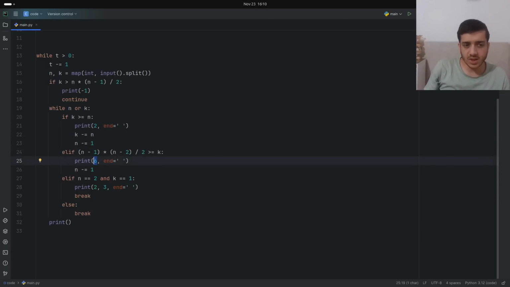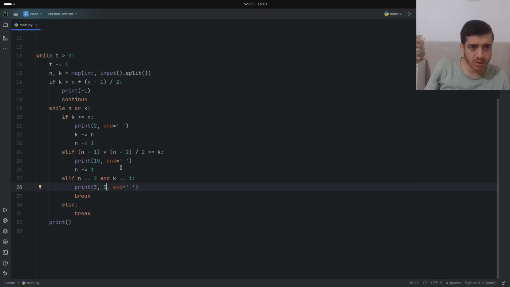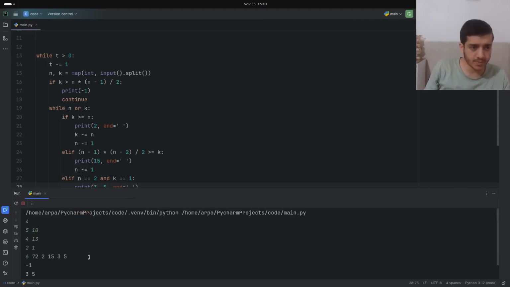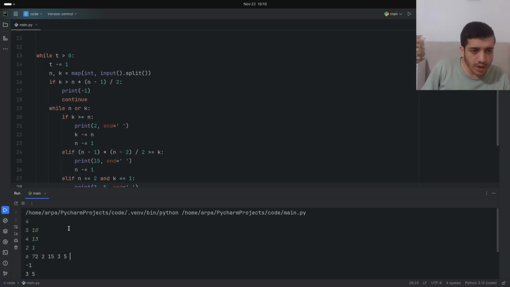Instead of 6, we print 15. And instead of 2 and 3, we print 3 and 5. And I think that can work perfectly. Like this: 2, 2, 15, 3, 5.